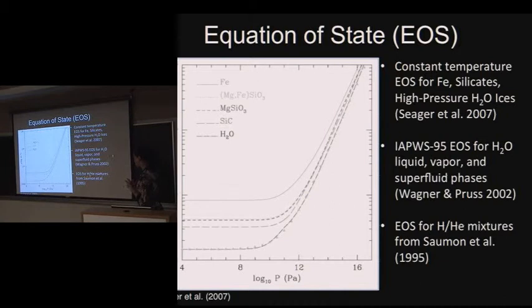For the water, I take a combination of NIST steam tables, density functional theory, as well as an atomic spin-Dirac equation of state. And for hydrogen and helium, I use Saumon et al.